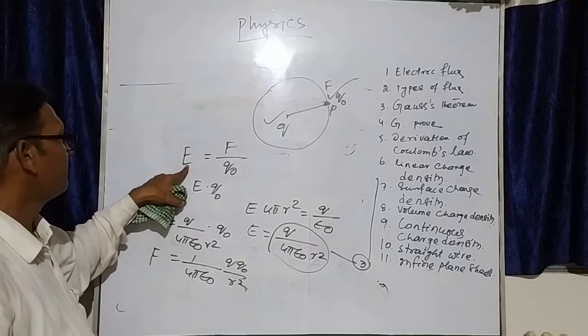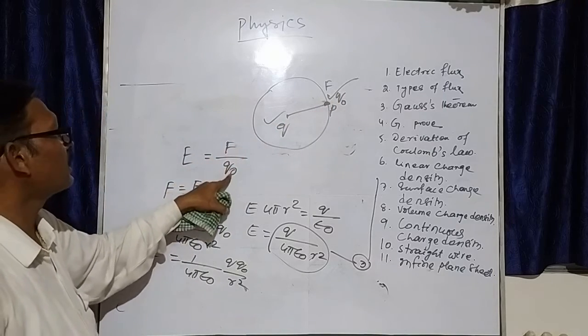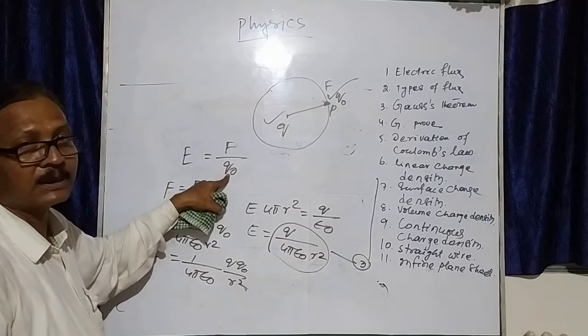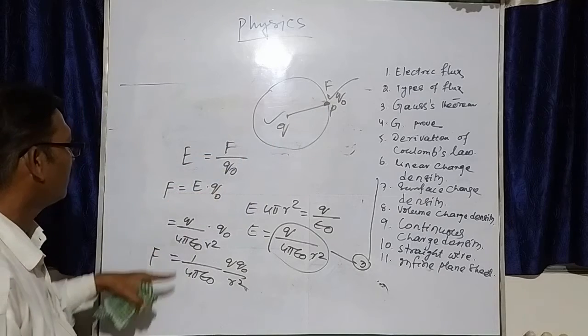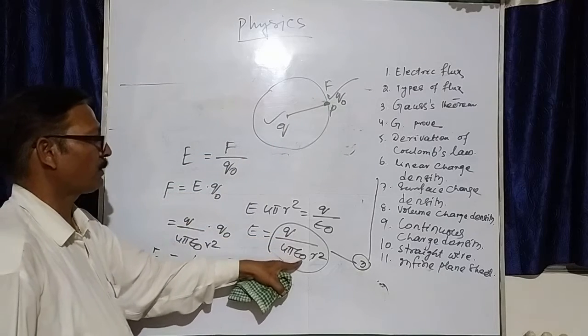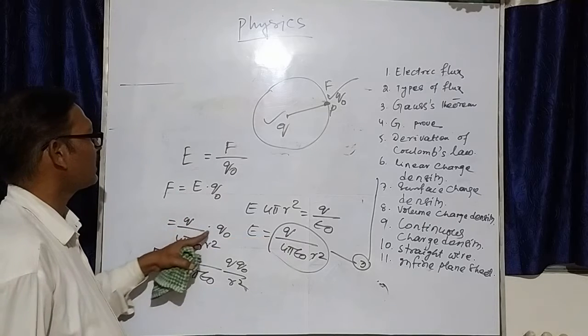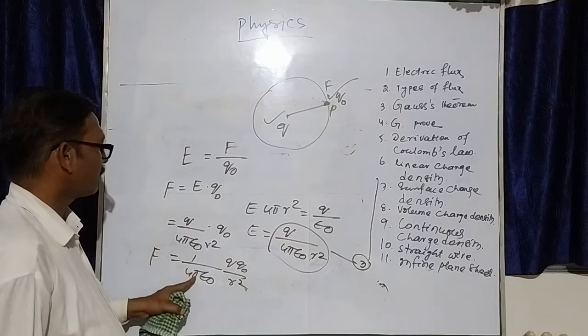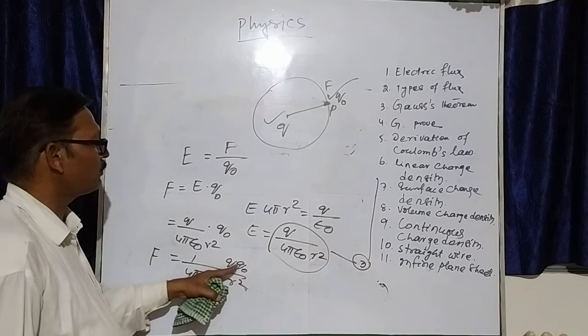The electric field at this point is the force on Q0 per unit charge. Cross multiply, F is equal to E Q0. Now E is equal to Q by 4 pi epsilon 0 r square, so F is equal to 1 by 4 pi epsilon 0 Q Q0 by r square. You know Coulomb's law with Q1 and Q2.